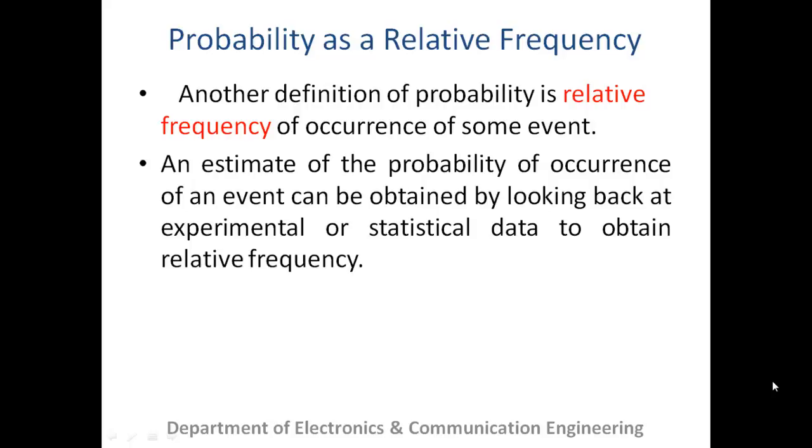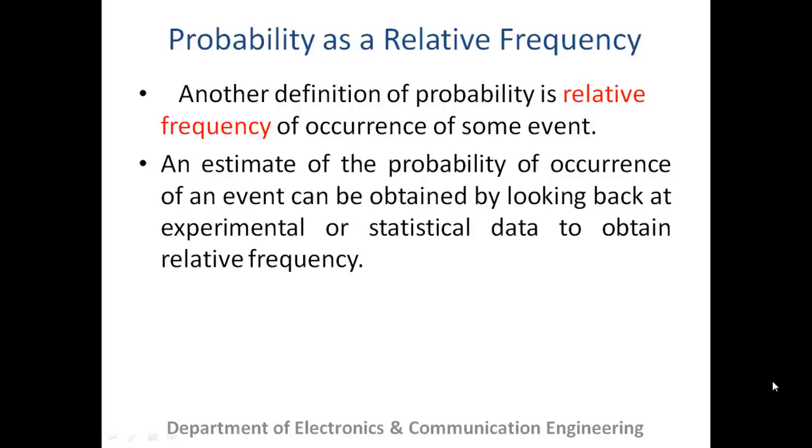Before we talk about probability in terms of relative frequency, there is another definition of probability which is called the mathematical definition of probability. The mathematical definition states that probability can be obtained as the ratio of the favorable outcomes of an event to the total number of possible outcomes.